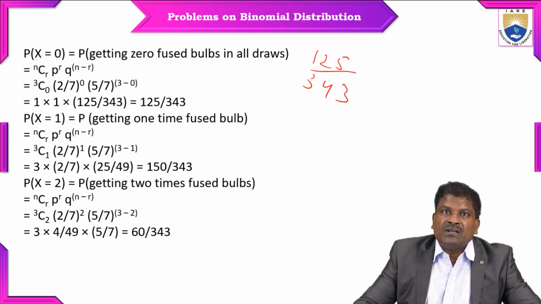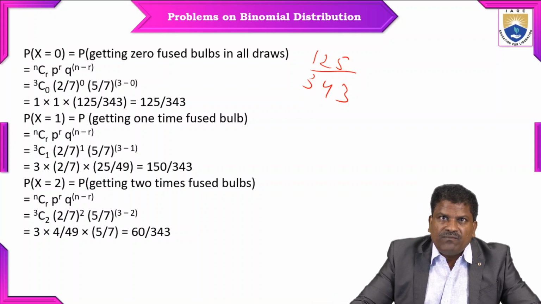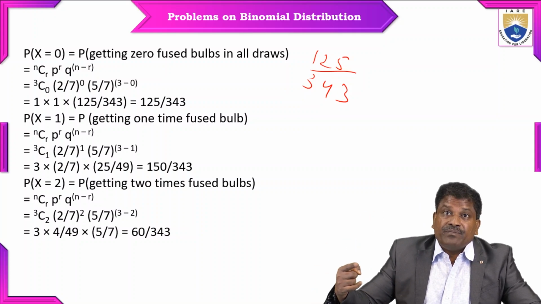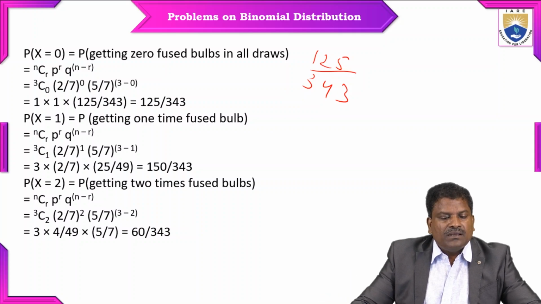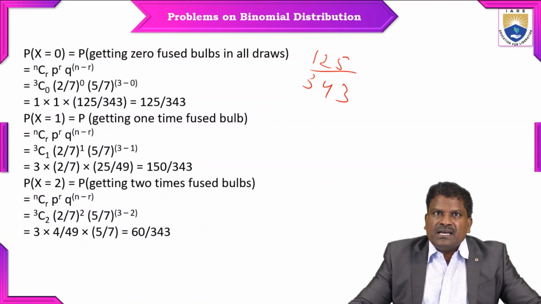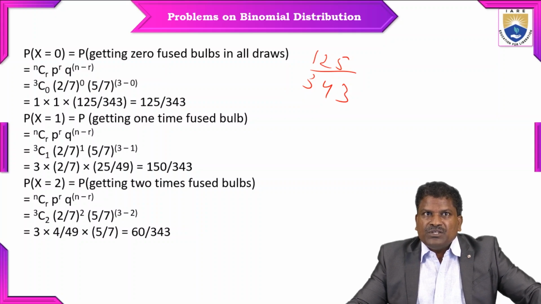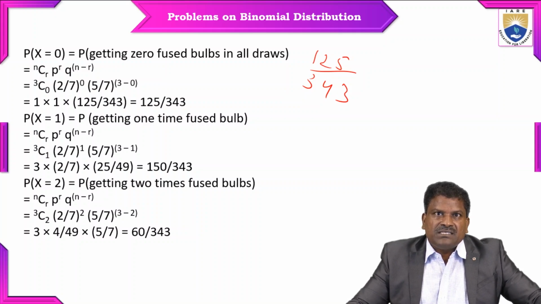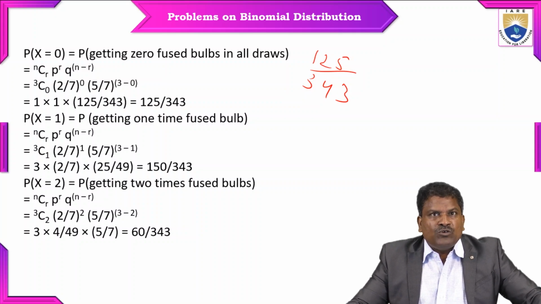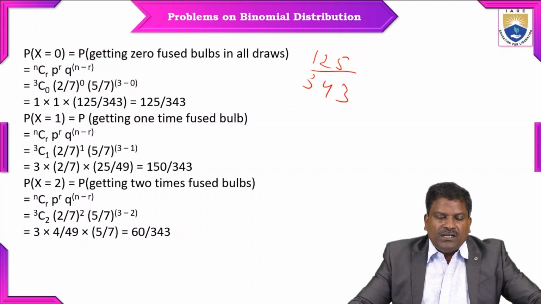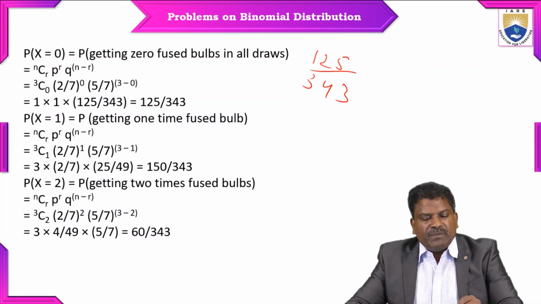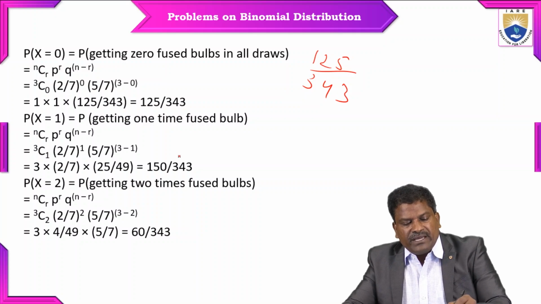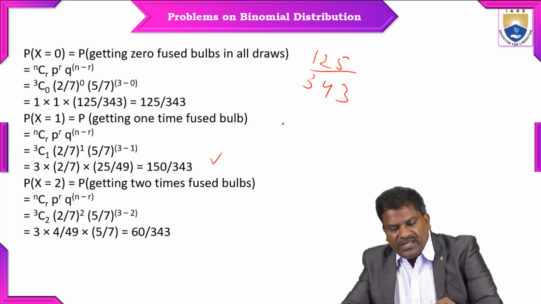Now find X equal to 1. P of X equal to 1 means the probability of getting a fused bulb one time. Keep it in the formula, nCr into P to the power r into Q to the power n minus r. 3C1 into 2 by 7 to the power 1 into 5 by 7 to the power 3 minus 1. Its value is coming as 150 by 343.